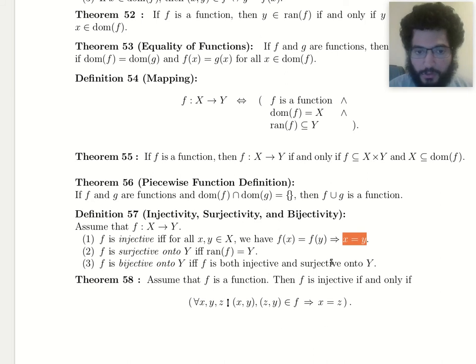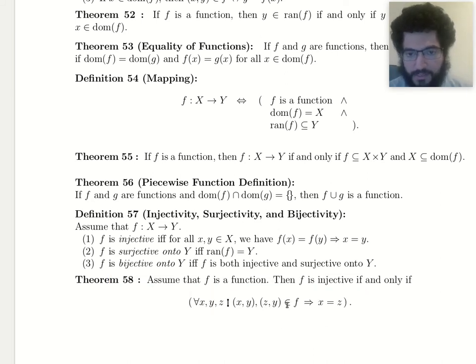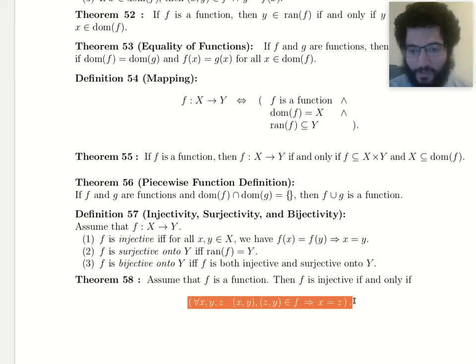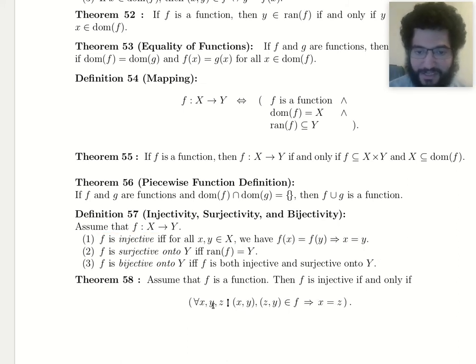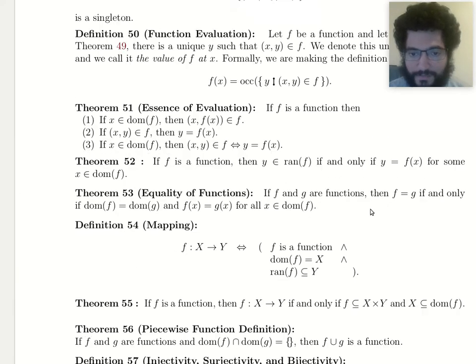That's one approach. Or I could use Theorem 58 and do this thing with pairs. Now, typically, I would recommend the first approach. In almost all cases, I would recommend that approach. But here, this is the one case where it makes sense to use this thing in terms of pairs, because we're going to relate it to the definition of function up here.